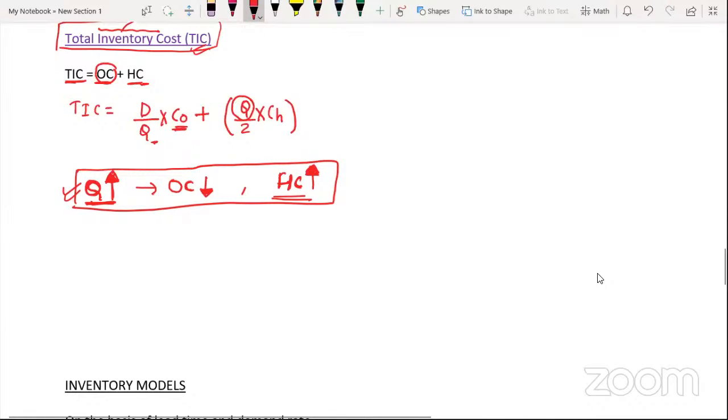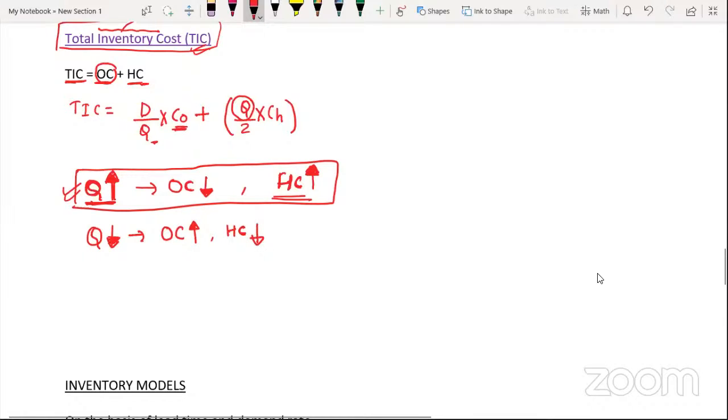If you increase Q, ordering cost decreases but holding cost increases. And if you decrease Q, the ordering cost will increase, so you will have to pay more ordering cost, although the holding cost will decrease.